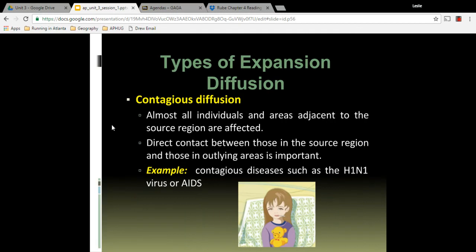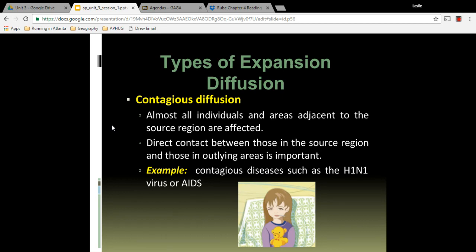So types of expansion diffusion, we have contagious diffusion. Almost all individuals in areas adjacent to the source region are affected. Direct contact between those in the source region and those in outlying areas is important. Examples could be contagious diseases such as the H1N1 flu virus or HIV.